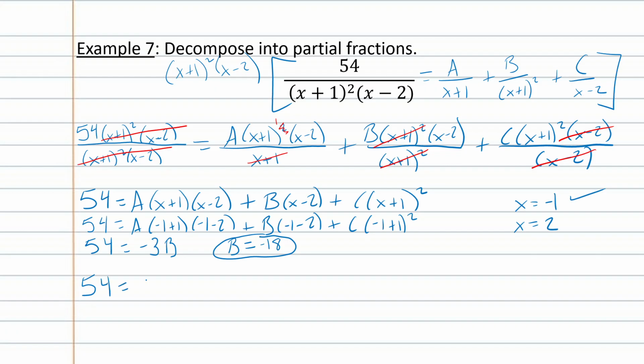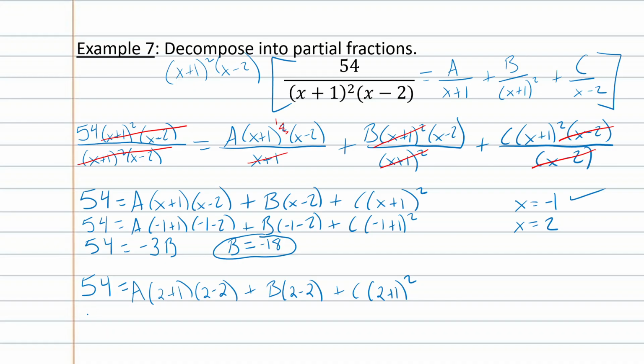So here I've got 54 equals a times 2 plus 1, and then 2 minus 2. Looks like the a term is going to disappear, plus b times 2 minus 2. Looks like the b term disappears, and then 2 plus 1 squared.